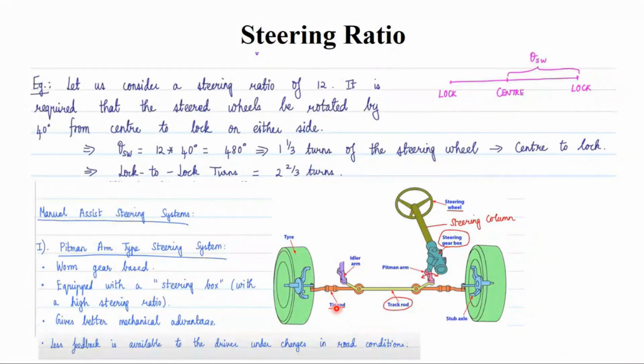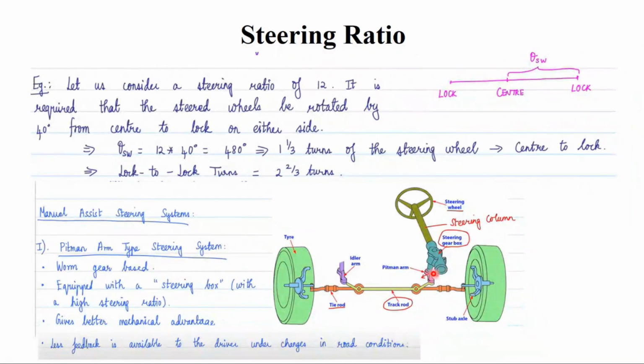And this is the tie rod, and this is the stub axle of the wheel, going to the tire. When you apply the rotary motion of the steering wheel, what happens? The motion gets transferred to the steering box.